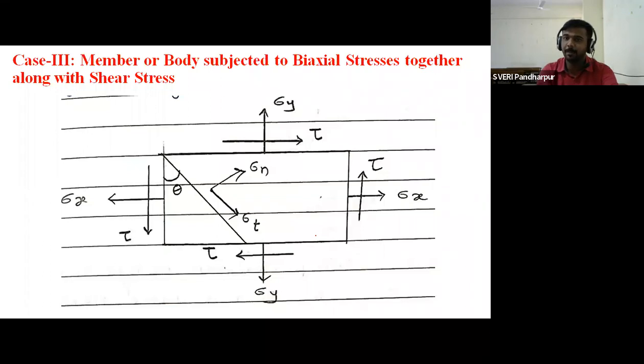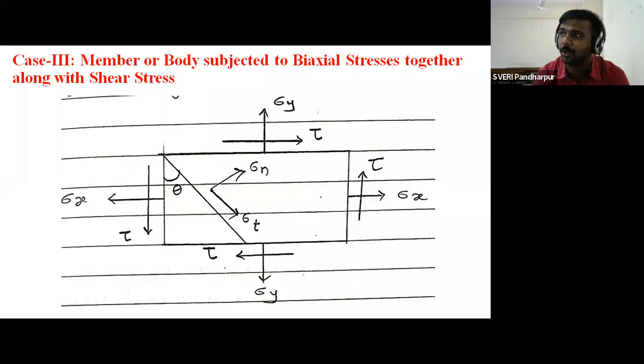Only sigma x and sigma y are present, and along with sigma x and sigma y, one more stress is there, that is shear. Now you can see the position of shear. It is parallel to the principal planes. If you see the position of shear stress tau, it is parallel to the principal plane, because shear stress, shear force are always parallel to the cross-sectional areas, and normal stresses or direct stresses are always perpendicular to the cross-sectional areas.